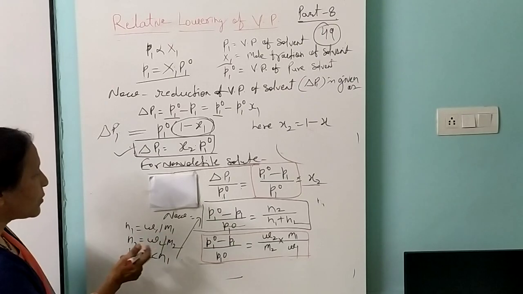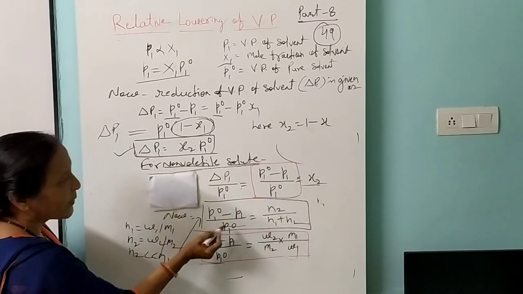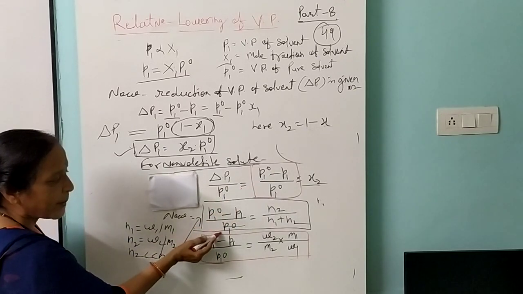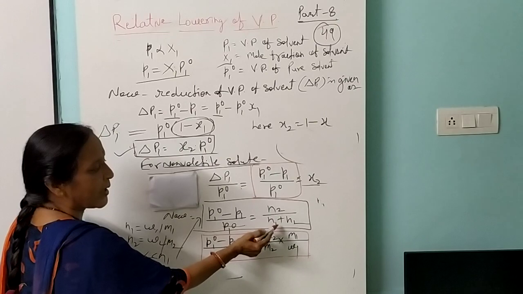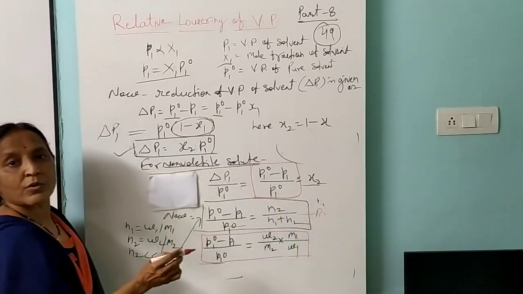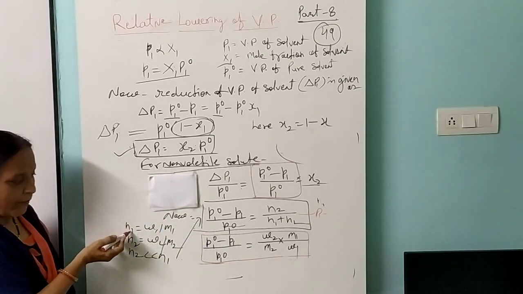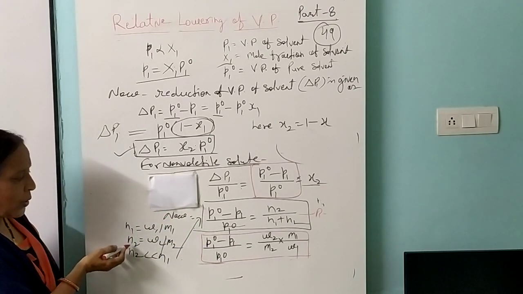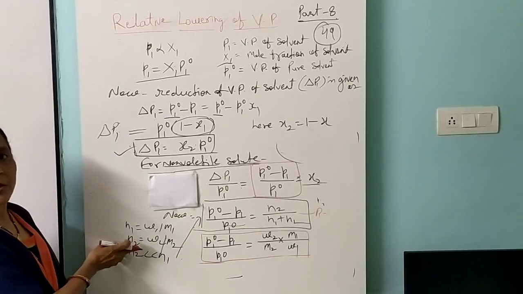Here the relative lowering in vapor pressure is equal to n2 upon (n1 plus n2). Again it is our Raoult's law. Now here n1 and n2 are the number of moles of solvent and solute.